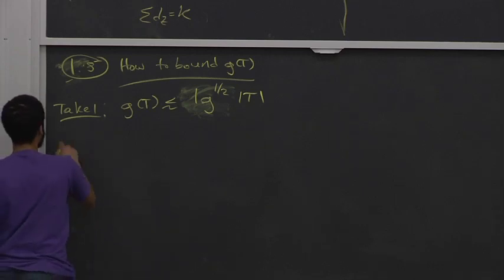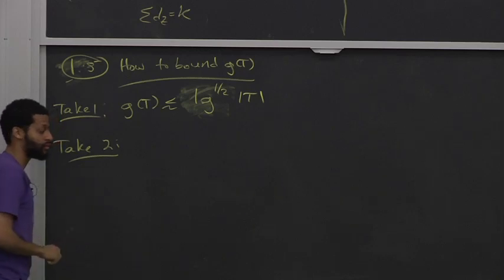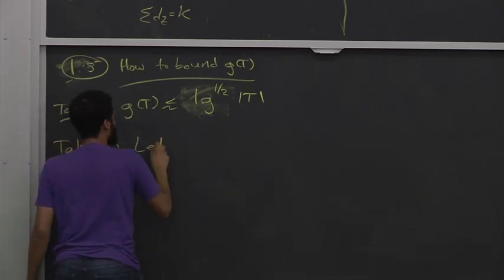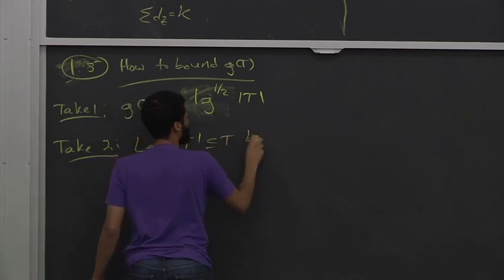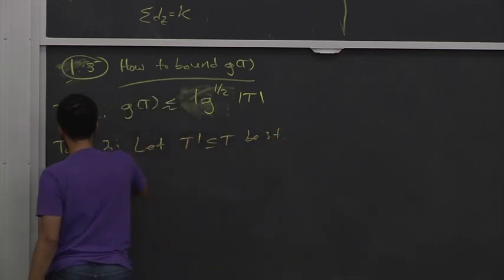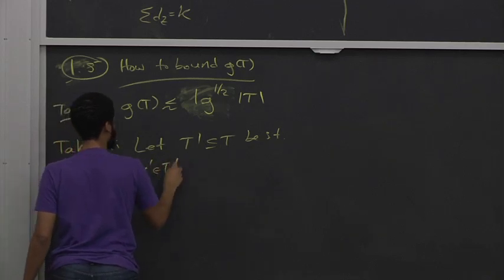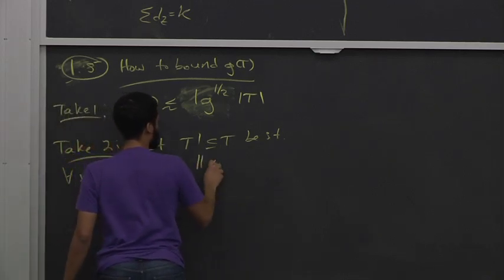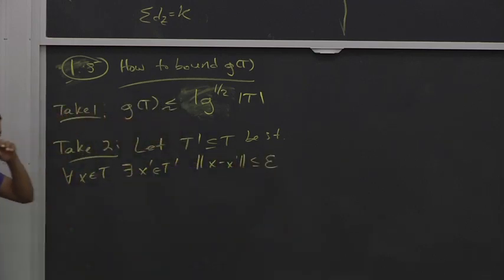Take 2. Let t prime, a subset of t, be such that for all x in t, there exists an x prime in t prime with the norm of x minus x prime at most epsilon. Suppose we had such a t prime.